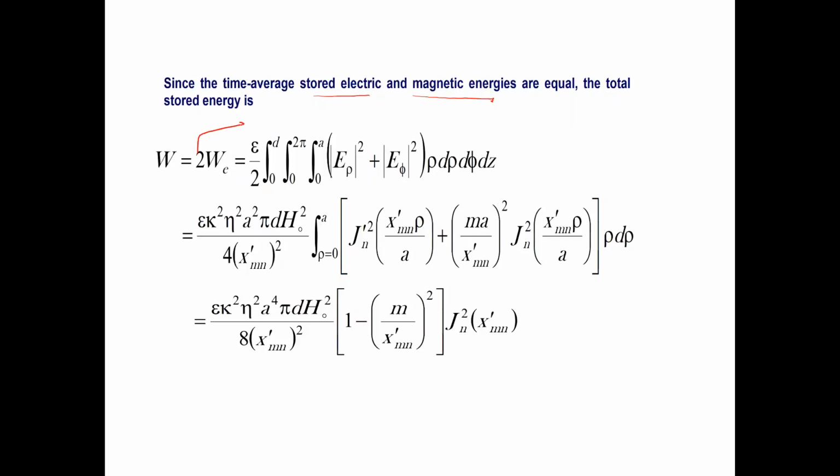This twice comes from the fact that WE is equal to WM, and WE we know is half of epsilon E squared dV. dV is from 0 to a on the radial part, 0 to 2 pi to make the phi, and then 0 to d to make the height.